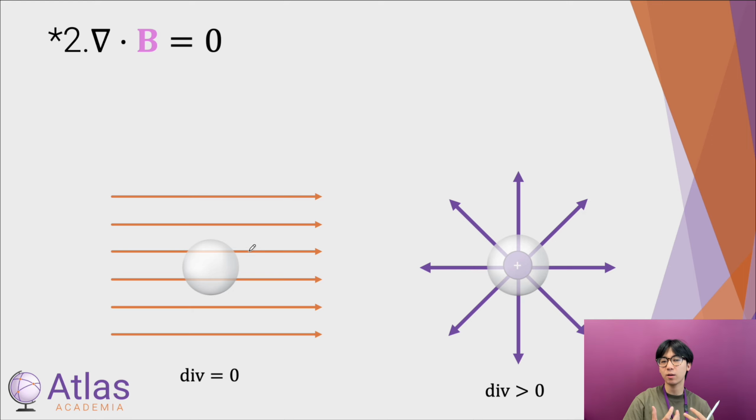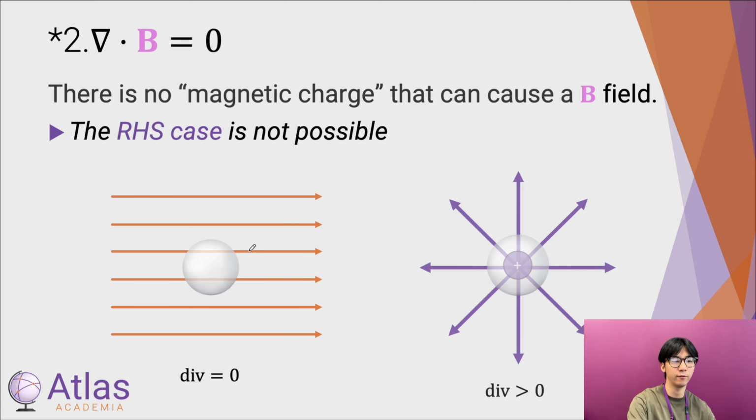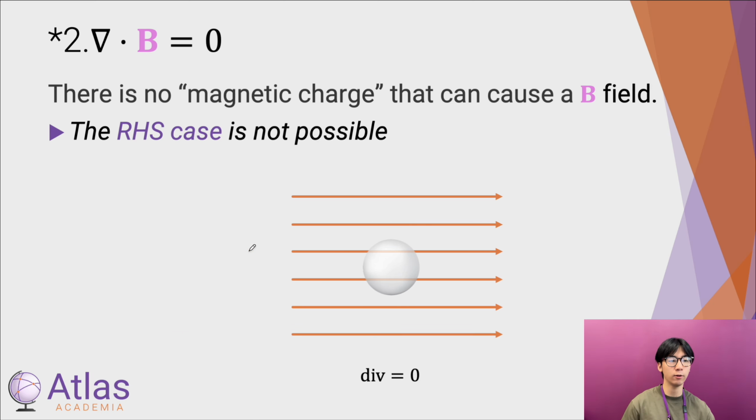Recall that magnetic monopoles don't exist. That is, we can never isolate just a single north pole or a single south pole. We always get dipoles with north and south poles. And so the right-hand side case can't happen for the case of magnetic fields. That is, there is no magnetic charge that can cause a B field. So we can't relate magnetic charge to a B field because it doesn't exist. And that's why the divergence of B is always zero. It's because that right-hand side case is not possible.